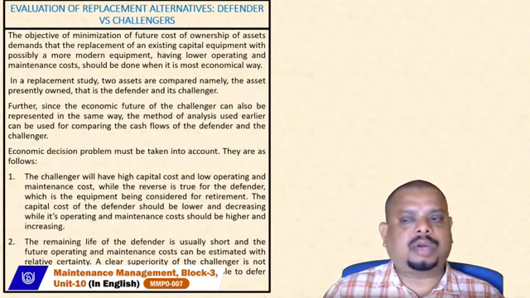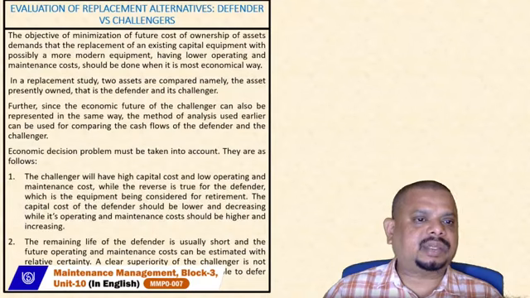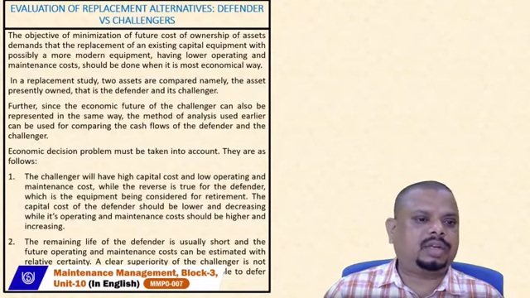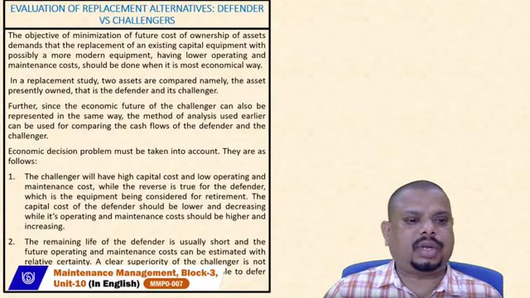So whenever you think about the economic aspect of replacement strategies, you have to focus on lowering the operating cost as well as the maintenance cost, so that you can easily take any kind of replacement policies with respect to maintenance management.